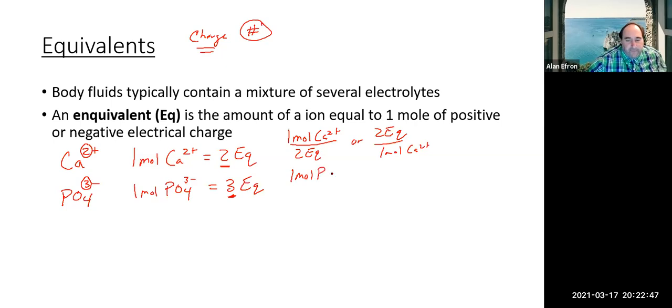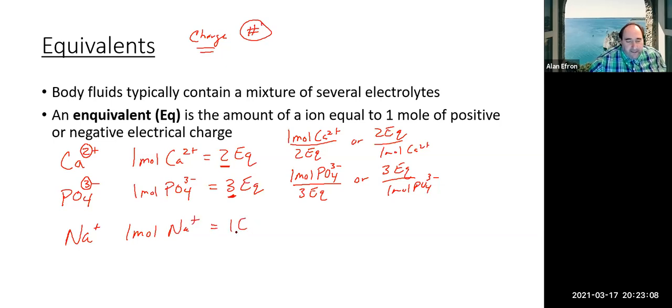And if you had something like sodium, for example, we could say 1 mole of sodium ions gives us 1 equivalent. Again, 1 is the charge here, and that's where the equivalents come from. Obviously, we could write the same sort of conversion factors for that as well.